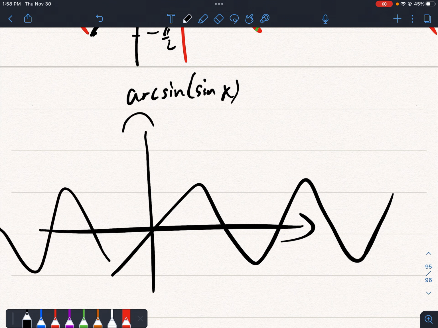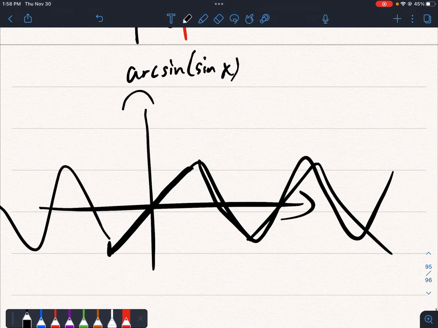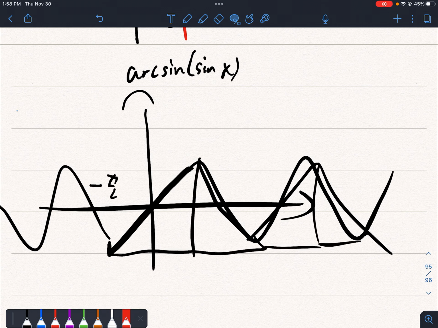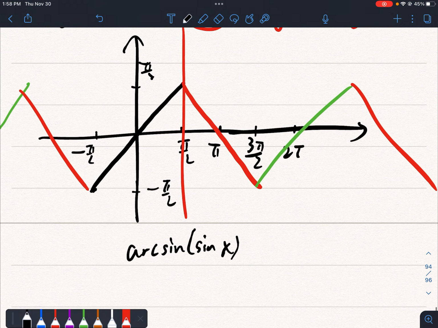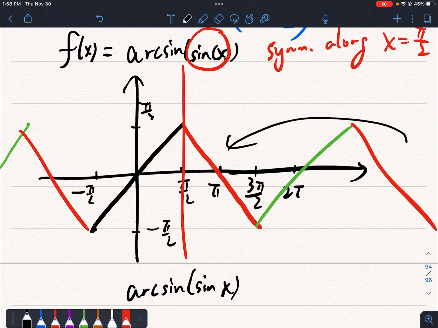So geometrically speaking, the graph of arc sine of sine x will be something like this. I mean, it's not a good graph, but the slope should be +1, -1, +1, -1, and here you start with minus pi over 2, and then the length is pi, and then pi, and then pi.